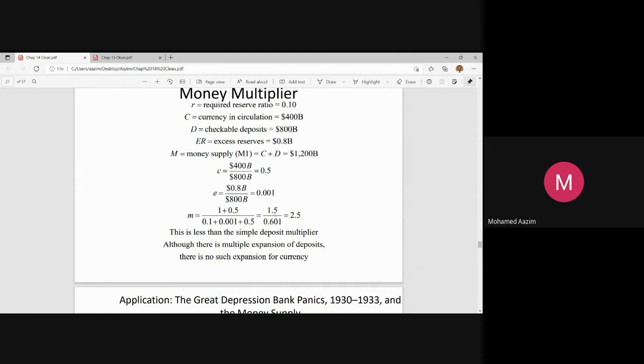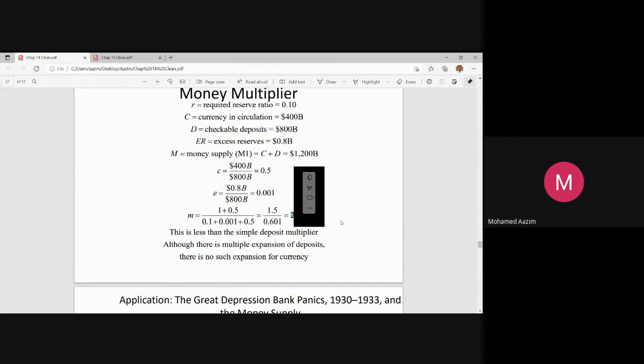So 1.5 over 0.601 is nothing but about 2.5 times. So the multiplier is 2.5.